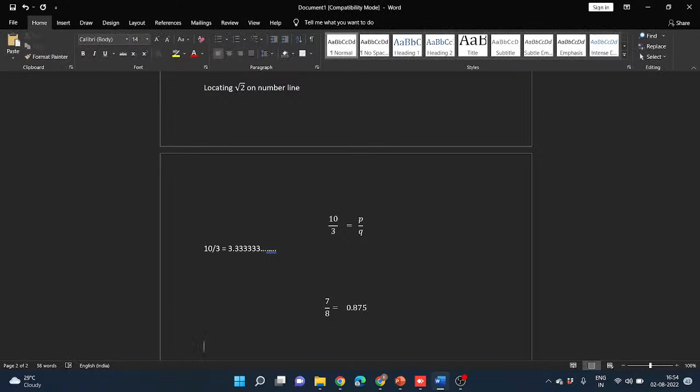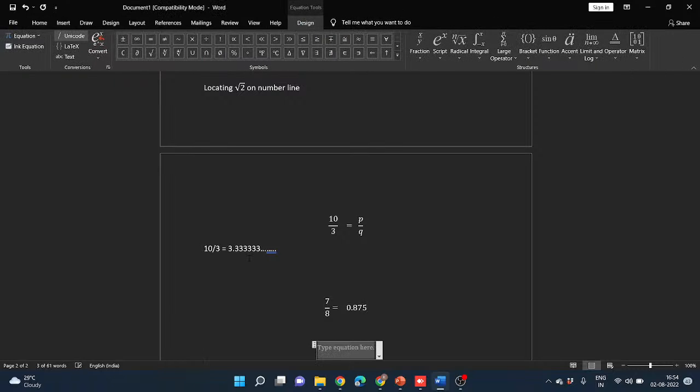Let's take another example, a fraction 1 upon 7, and when we divide 1 by 7 we will get 0.142857 and so on.